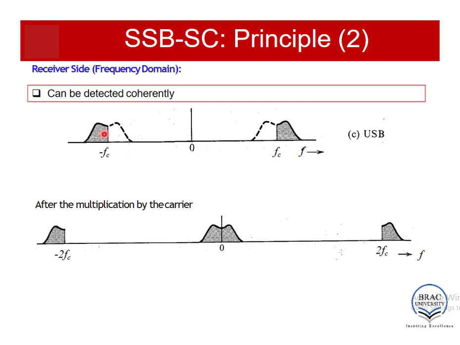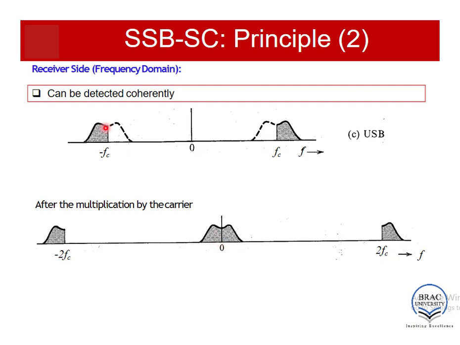Now when we multiply this signal again with a cos wave of FC frequency, this component will be shifted by FC upward and downward. It is presently at FC frequency. So after multiplying with the cos wave, this spectrum will be shifted to FC plus FC, which means 2FC, and FC minus FC, which means 0.